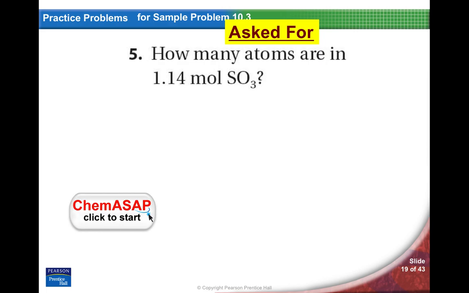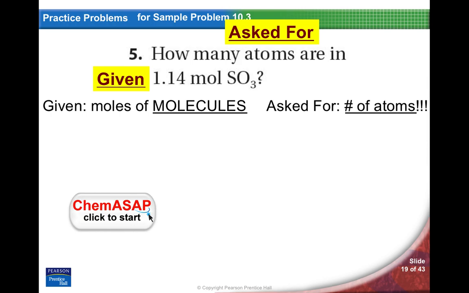So we just have to put in an extra conversion. Still asking for atoms. We've been given moles. And again, it's moles of molecules, and they're asking for number of total atoms. And you have to recall that there are 4 atoms in an SO3 molecule.